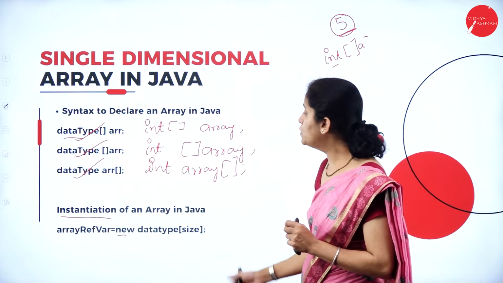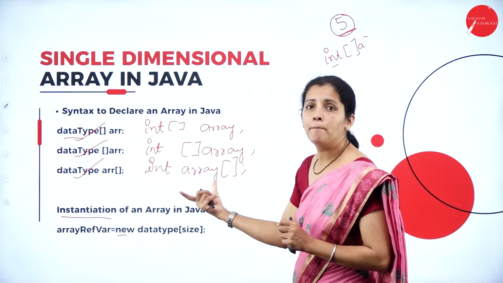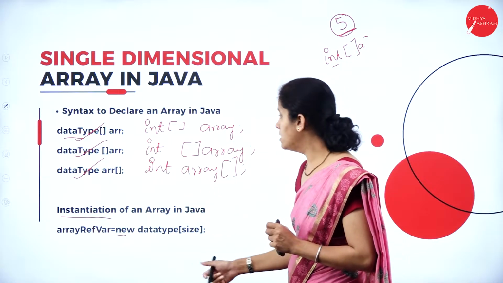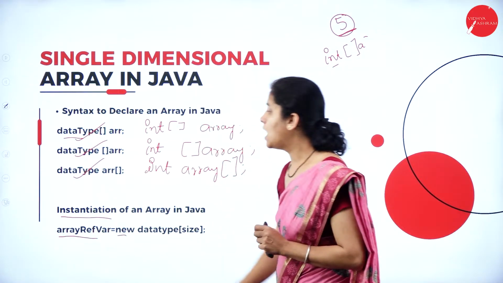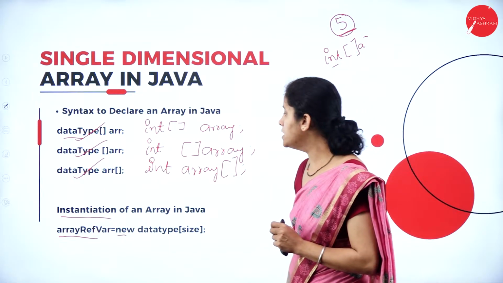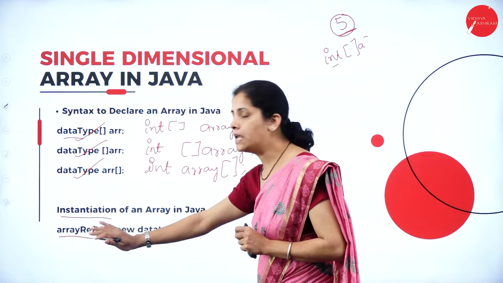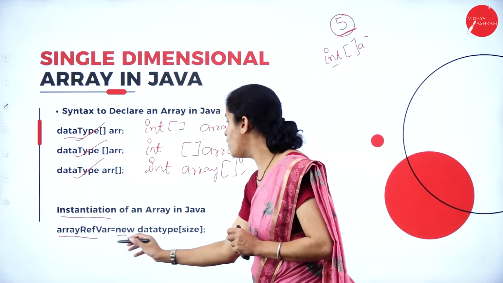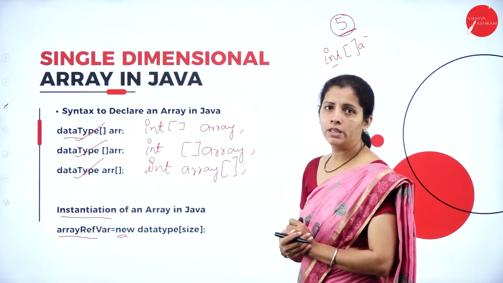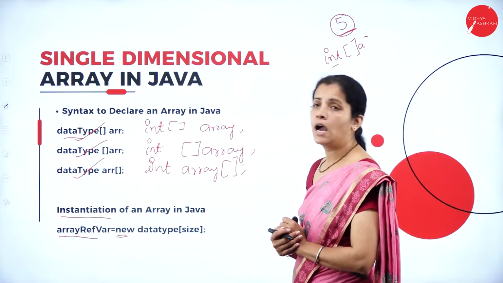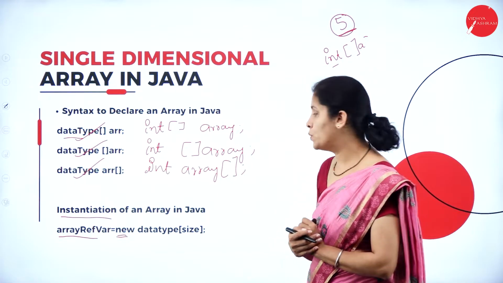Now, how to allocate the memory? See here, first I want to use the array reference variable, and with the help of the new keyword, I'm going to allocate the memory.